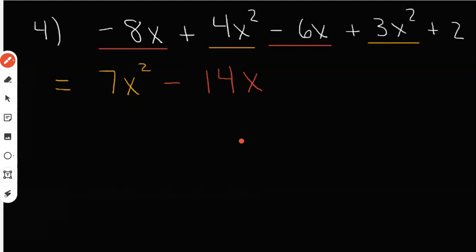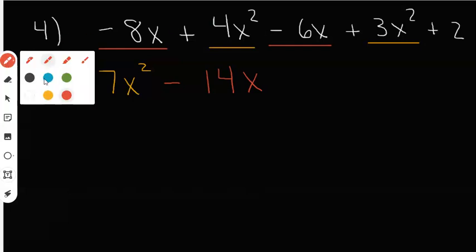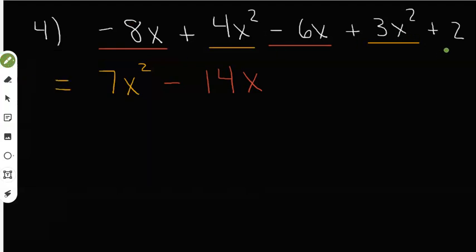And then the last term that I have doesn't combine with anything. See that lonely 2 over there? It doesn't have another number to get with. So you just need to bring it down to your final answer, and then you're done. If you put -14x first, would that be wrong? No, it would not be. So I bring down the 2.